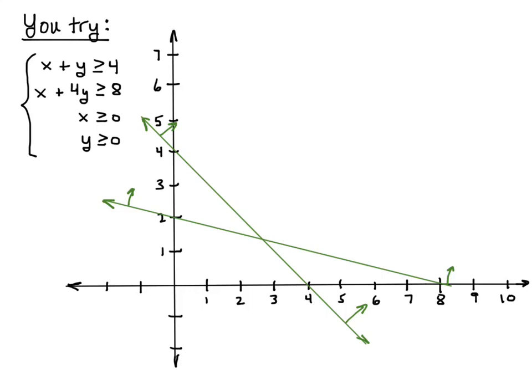Now, if I look at my axes, this is the solution side for x is greater than 0, and this is the solution side for when y is greater than 0.